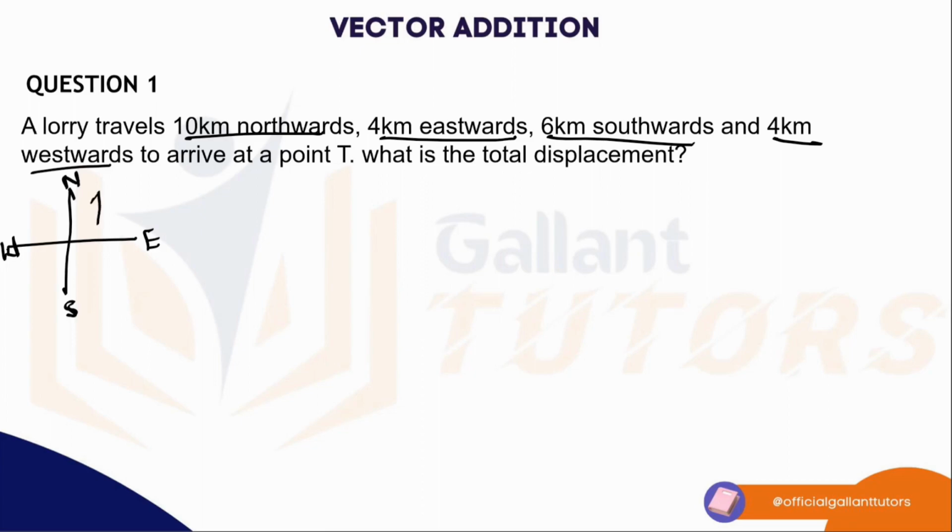So we have northward. What's northward? This is northward, isn't it? So we have 10 kilometers here. I'm referring to this. Is that clear? So now 4 kilometers eastwards. So 6 kilometers southwards.